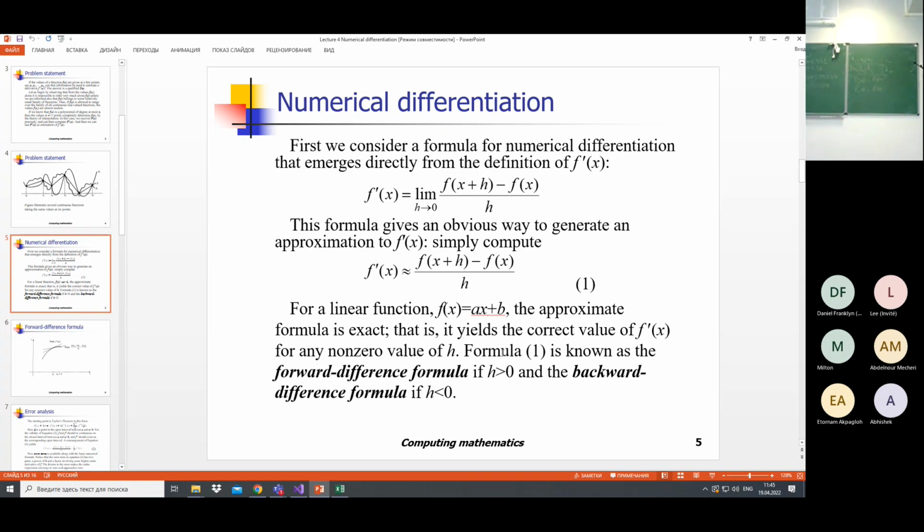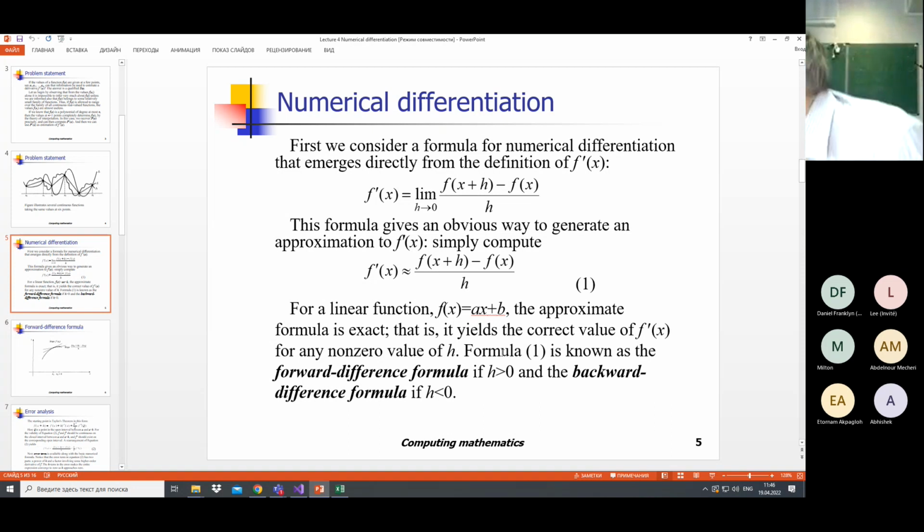So in the first case, the error was 0.31. In the second case, the error was 0.0301. The error becomes 10 times smaller. We take h, the step, 10 times smaller, and the error becomes 10 times smaller too.